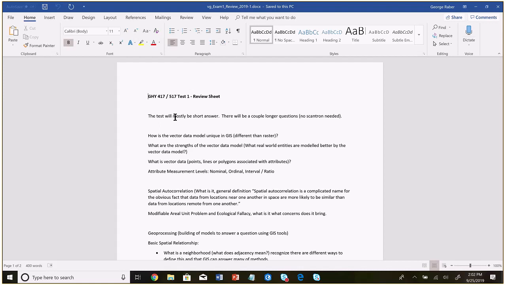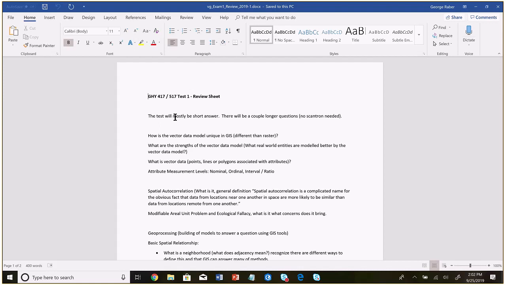So the first thing I have written out here is, how is the vector data model unique in GIS? How is it different than raster? You should know all about the vector data model, that it's points, lines, and polygons.